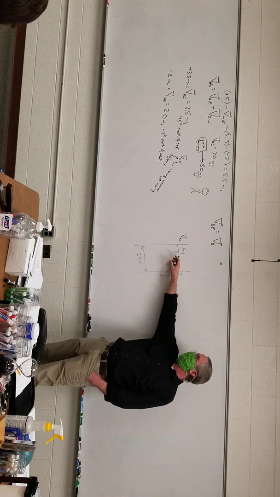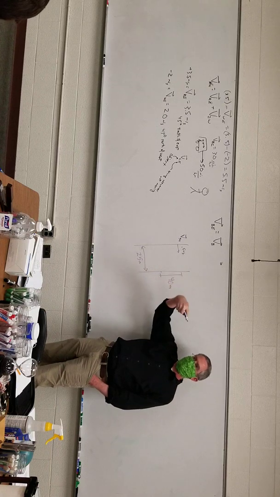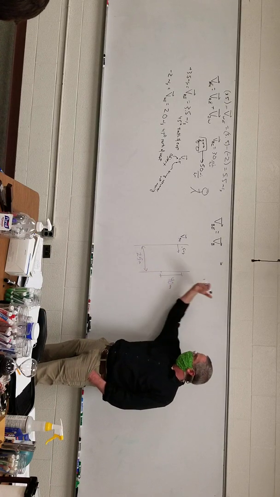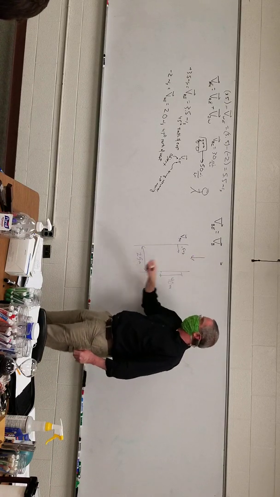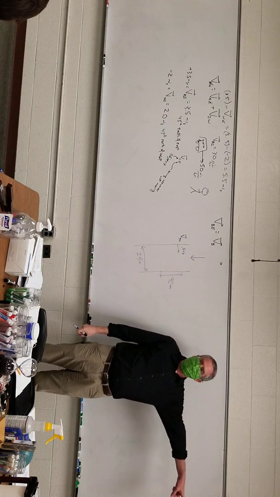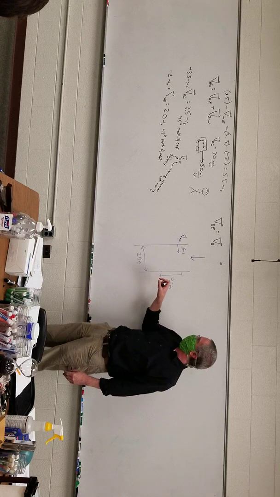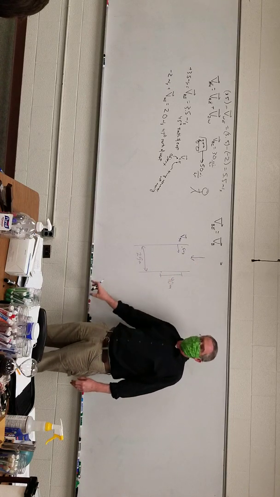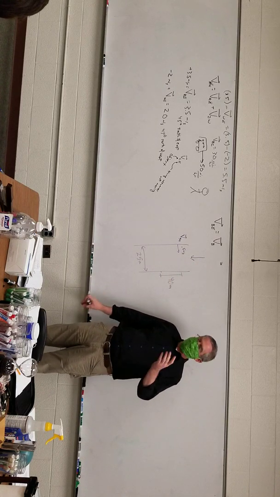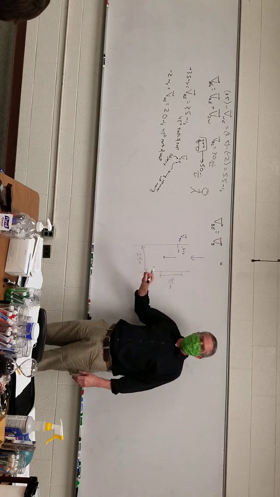So in essence, given he's traveling 0.5 meters per second this way, the flow of the water this way is not affecting his speed in that direction. So the time it takes him to cross the river is irrespective of any speed of the water, as long as the water is flowing perpendicular to his movement.